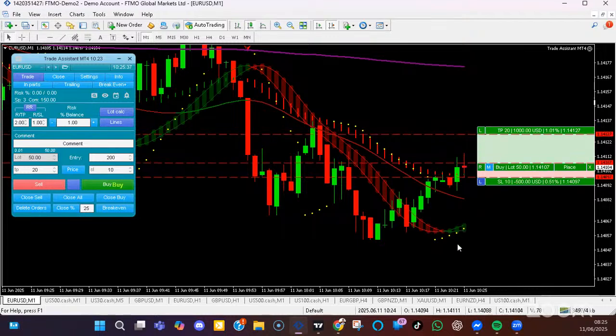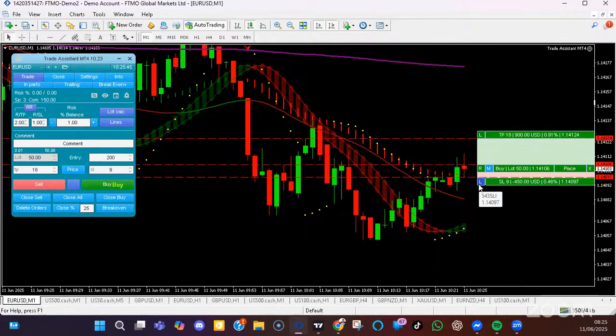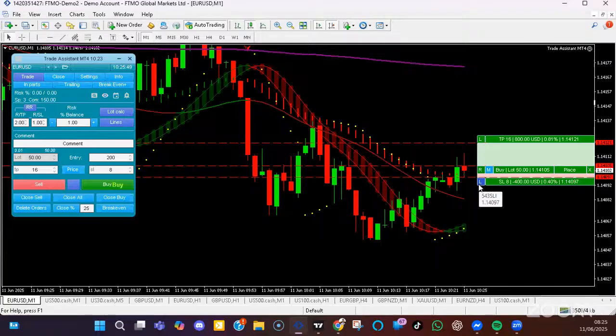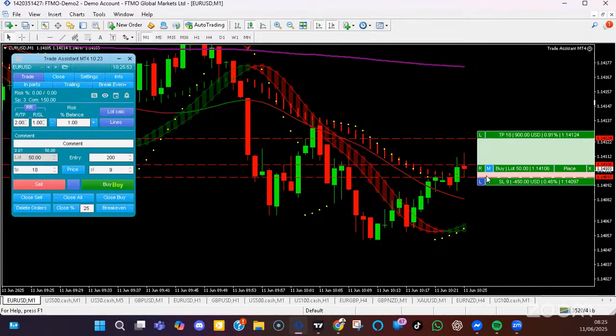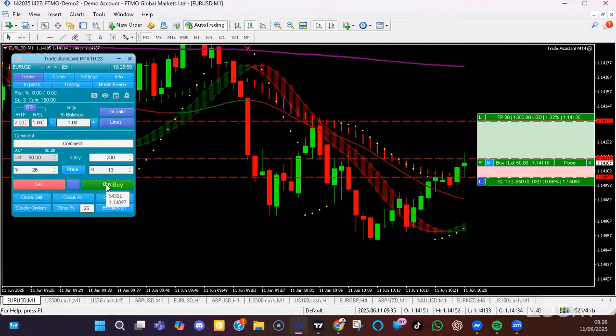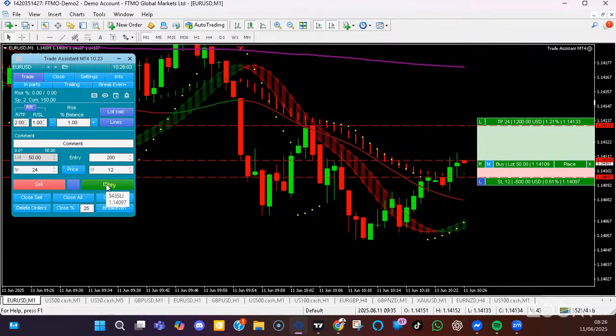But we still haven't got that all-important buy alert. The buyers are trying to get there, but the sellers are saying, no, I don't know so much. But I've got my stop loss locked in now.